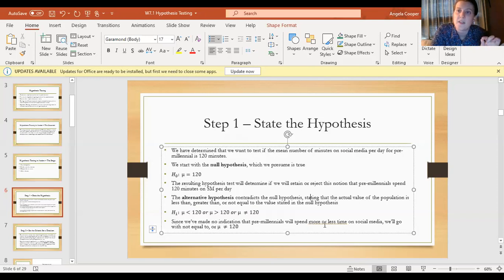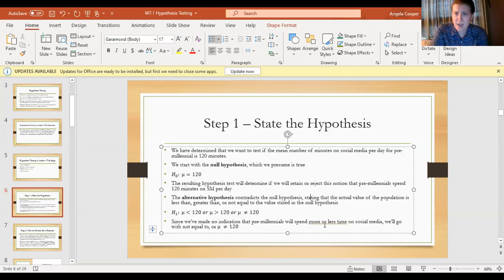We're determining if premillennials spend more or less time than the average consumer. We want to know about the premillennial population. We already know about the average consumer population, hence 120. We want to know about the premillennials, or Gen Z, and see where's the difference. Is there a difference? That's what we have when we get into rejecting and retaining the null hypothesis.